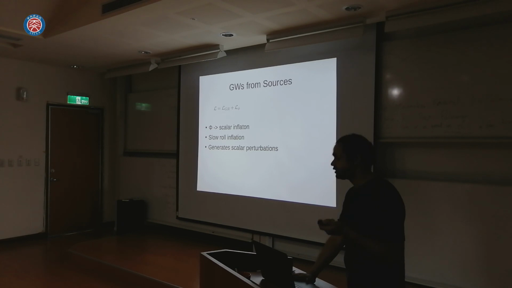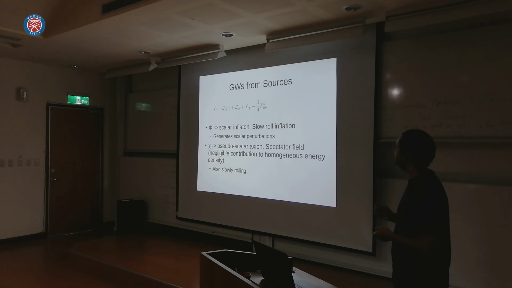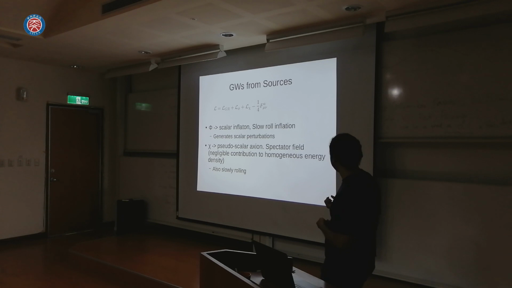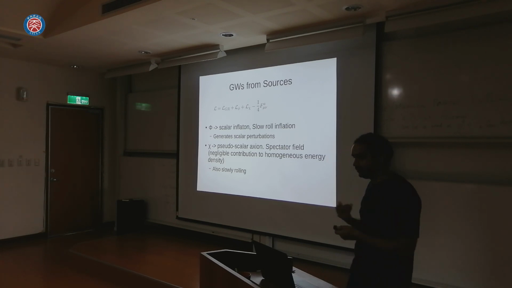In addition, let's suppose that there is also an axion present during inflation. Now axions are one of the most promising candidates for dark matter, and they're also needed to solve the strong CP problem in QCD, so they might also have existed during inflation.